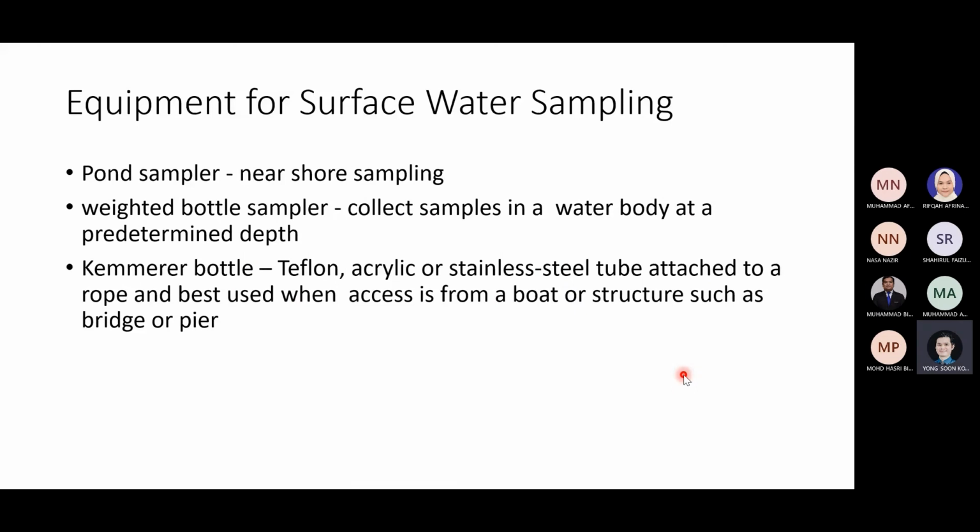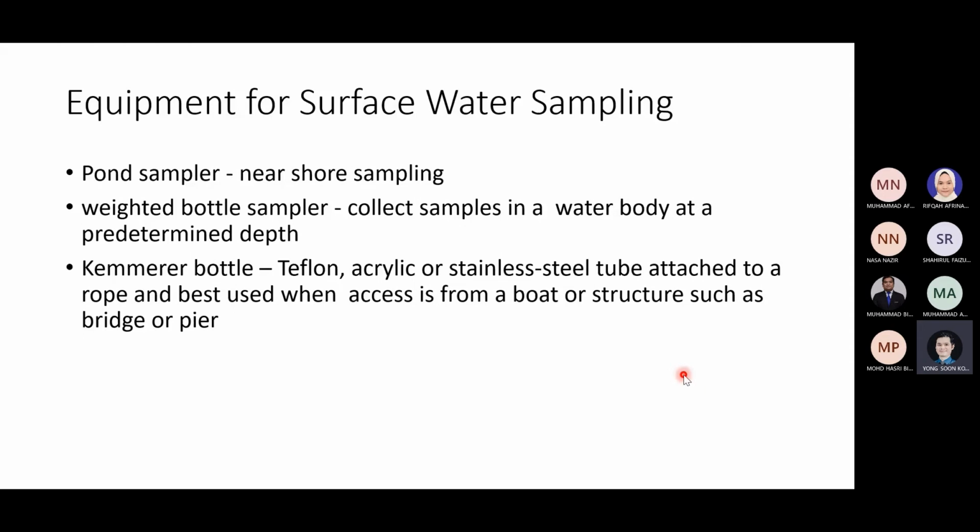So as you can see right there, for the pond sampler, the suitability is near the shore or the river bank; they cannot collect deep water samples. Now the Kemmerer bottle will have some more components that might have Teflon or a stainless steel tube that you can attach.